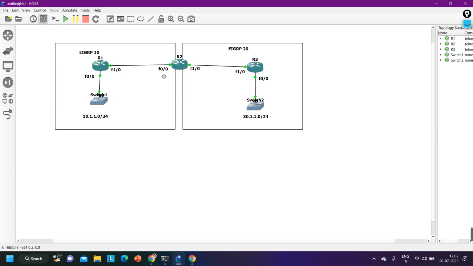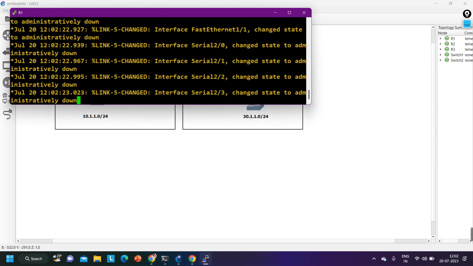F0/0 of router 2 belongs to AS number 10 and F1/0 of router 2 belongs to EIGRP 20. Then first of all, let me configure the IP.